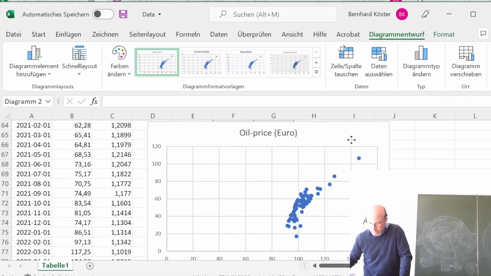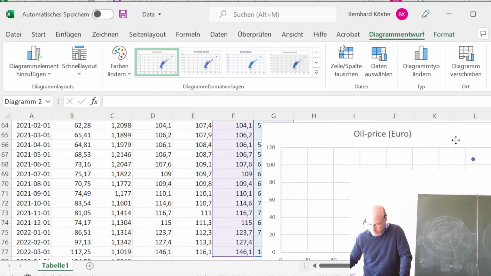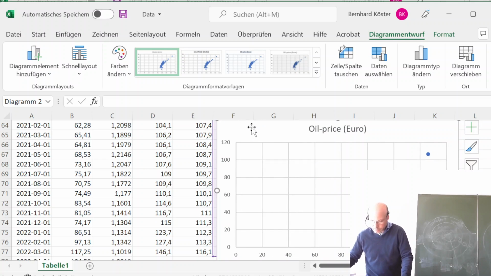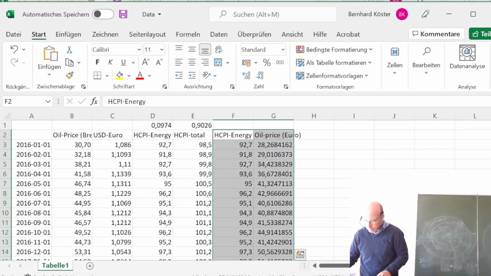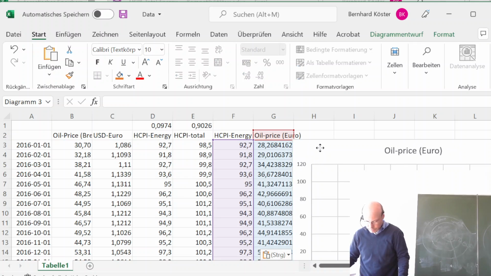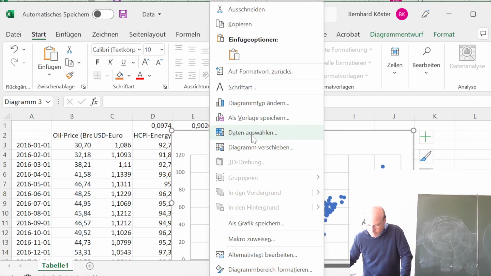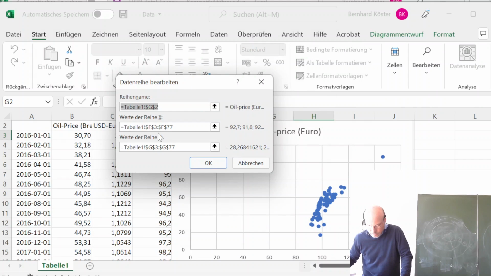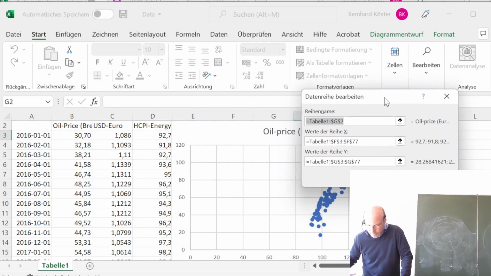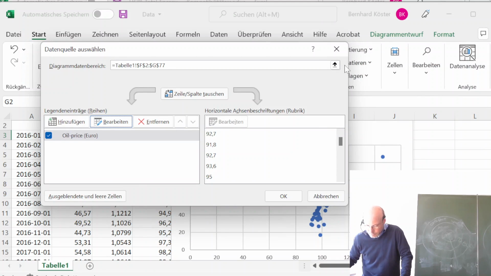Showing the data, and now we have, oops, why is it 100 here? This shouldn't be the case. Data is this is F and G. Okay.